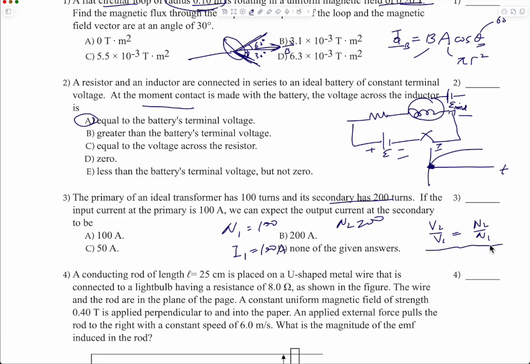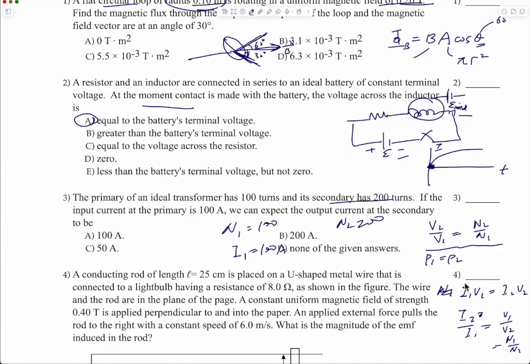This is the voltage relationship. Power is the same, which means I1 V1 equals I2 V2. So I2 over I1 equals V1 over V2, which equals N1 over N2.